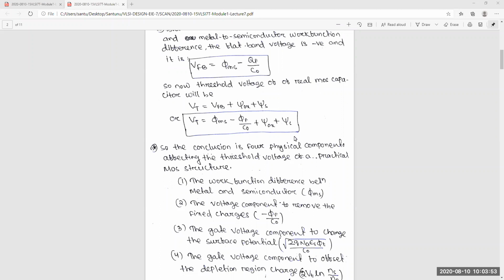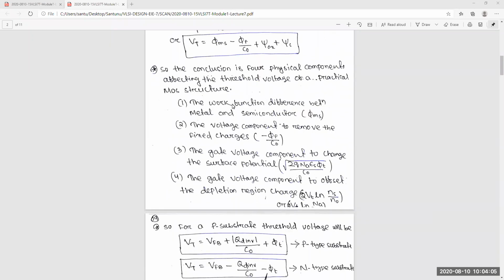All the formulas are there, and also the physical significance of each term, and how you can calculate it. These things are mentioned here. The work function difference between metal and semiconductor is phi ms, then this part is minus phi, the voltage component to change the surface potential, and this is the gate voltage component to offset the depletion region charge.